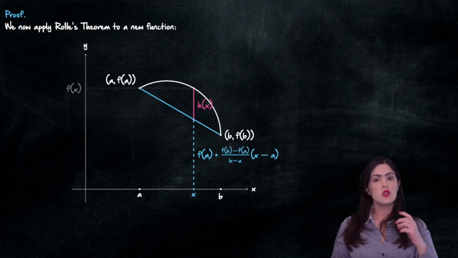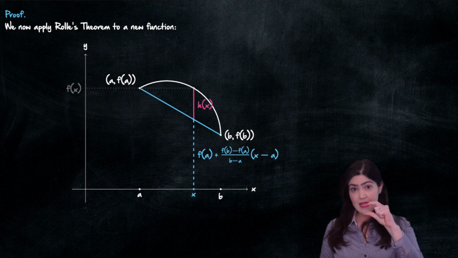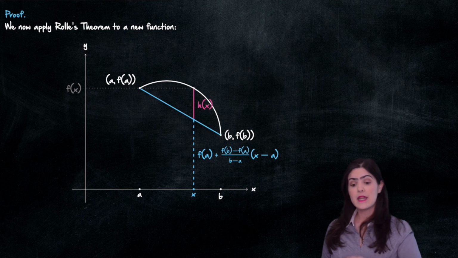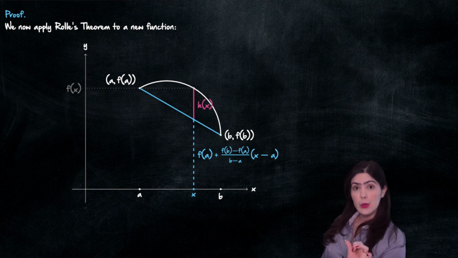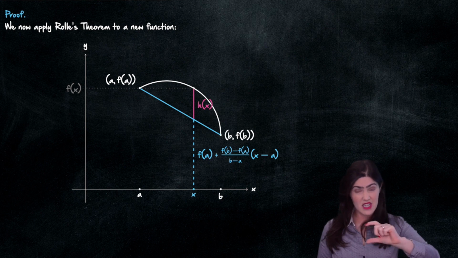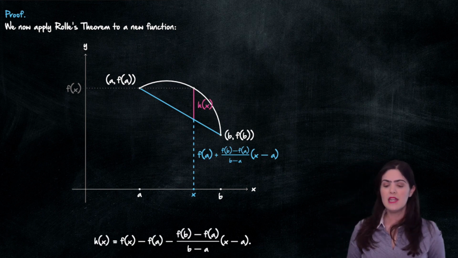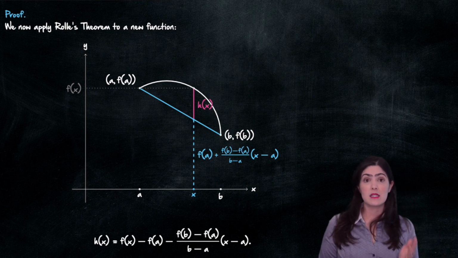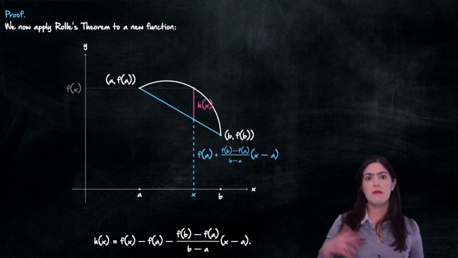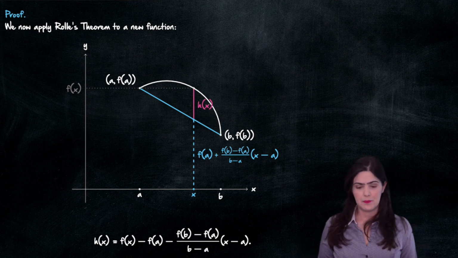So if I want to know what h(x) is, this pink distance here, all I need to do is f(x) minus this blue height, written like this dashed blue line. So then h(x) becomes f(x) minus [f(a) plus (f(b) minus f(a)) over (b minus a) times (x minus a)].